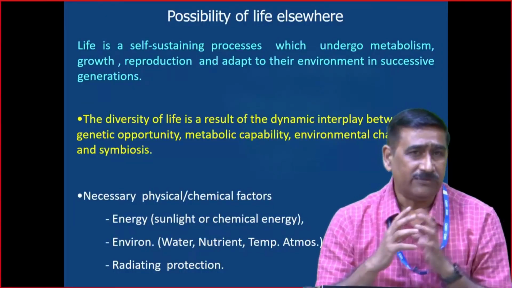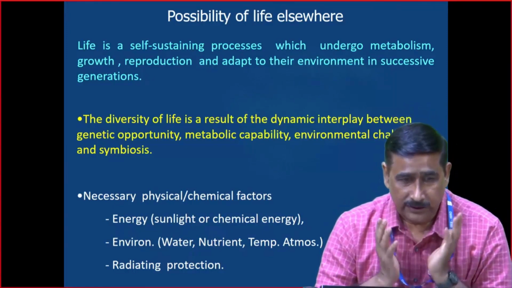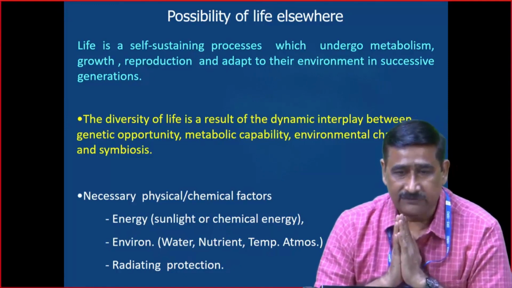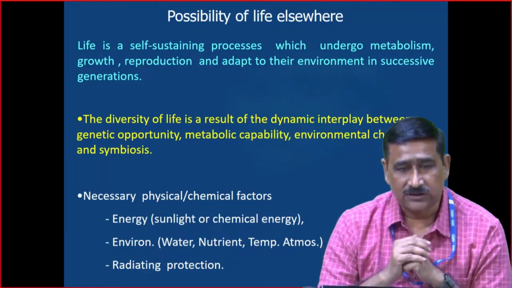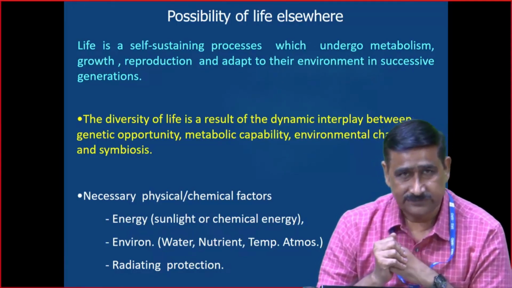First of all, the question comes, how do I define life? In a formal sense, life is a self-sustaining process which undergoes metabolism, growth, reproduction, and adapts to the environment in successive generations.